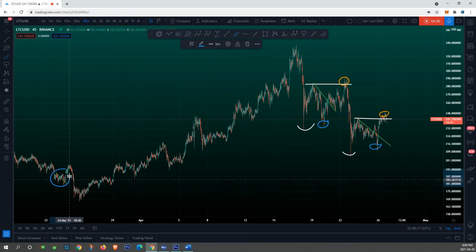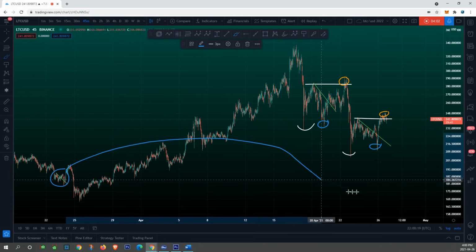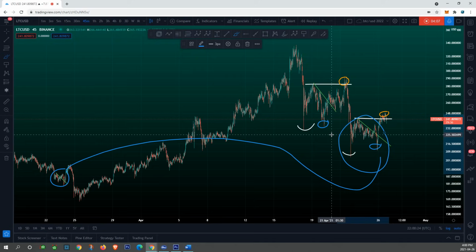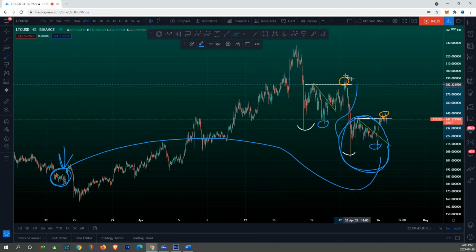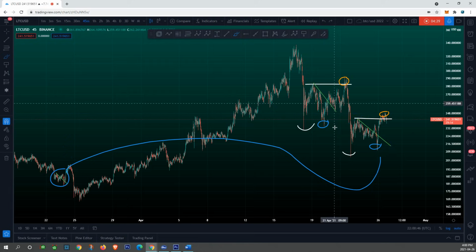This fractal right here, for example, is basically the same thing as this, but in a smaller time frame. So in other words, if you go into this fractal on a shorter time frame, whether it's 5 minutes or 3 minutes, it's going to look somewhat similar to this fractal and actually this one right here. So do keep that in mind.